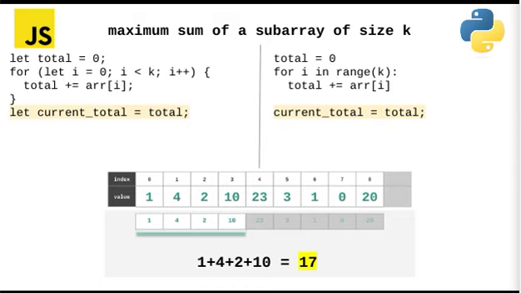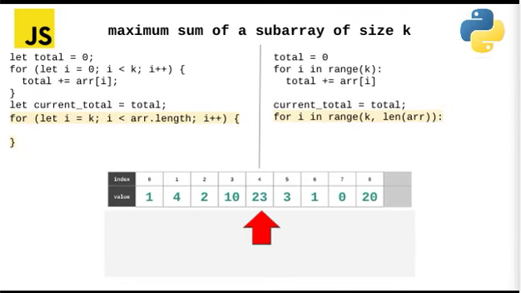We're going to take our running total, assign that to a variable called current total, and then we're going to take a second loop. Now notice we're not doing an inner loop. This loop exists outside of the first loop.